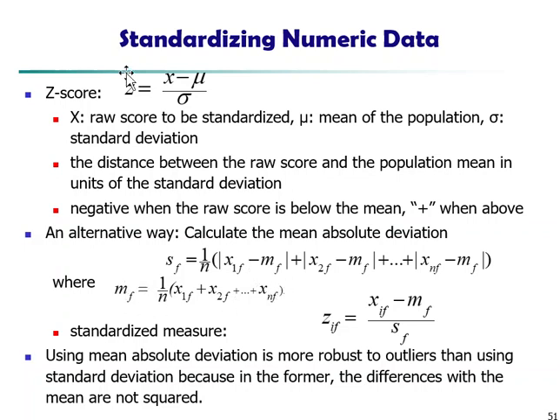We can use it in the z-score instead of the standard deviation. We can replace this with the mean absolute deviation. It gives you a similar result, but when you have extreme outliers, using mean absolute deviation would be a more robust measure. We talked about this before, so we're repeating something that we already learned.